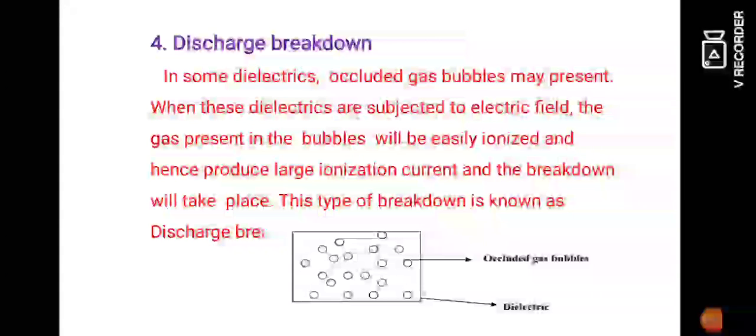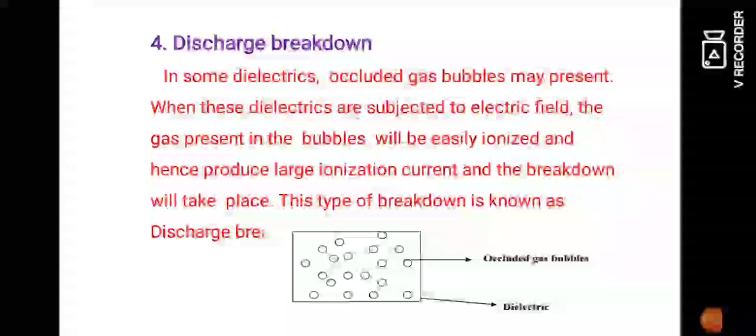Now let us see the discharge breakdown. In some dielectrics, occluded gas bubbles may be present. Occluded means very dirty gas bubbles. When these dielectrics are subjected to an electric field, the gas present in the bubbles will be easily ionized and hence produce a large ionization current, and the breakdown will take place.